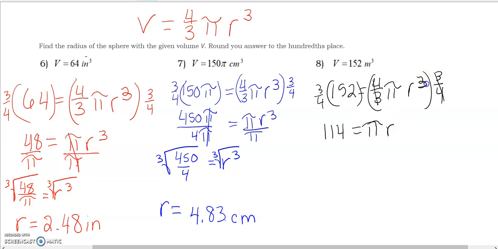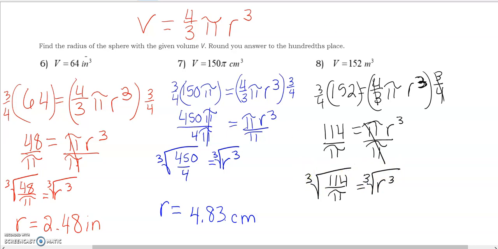Oh, did you see that? I wrote squared. I'm so used to writing squared. It's actually r cubed for volume. Divide by pi everywhere. My pi's cancel out. So I have 114 over pi equals r cubed. So I'm going to take the cube root of both sides.